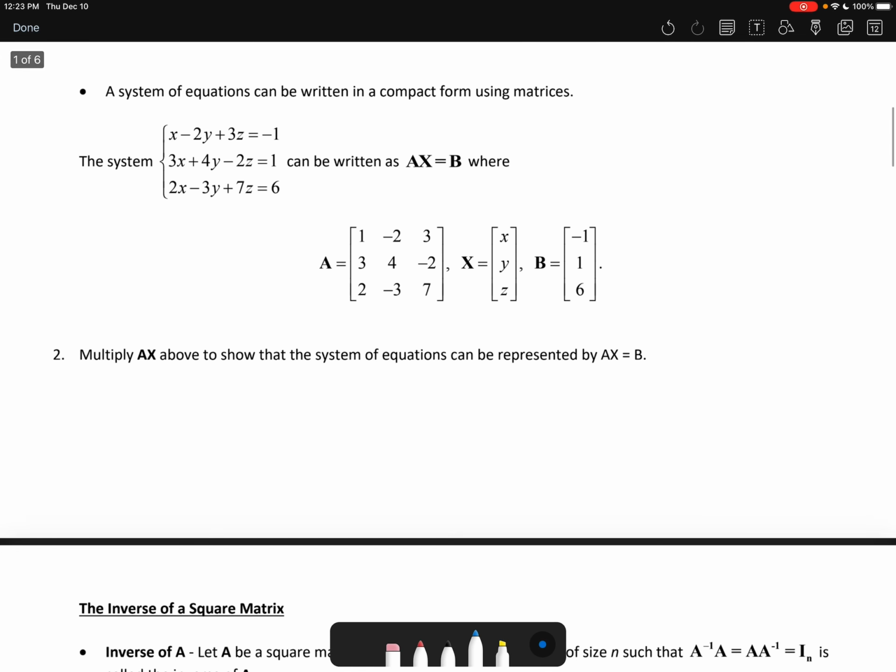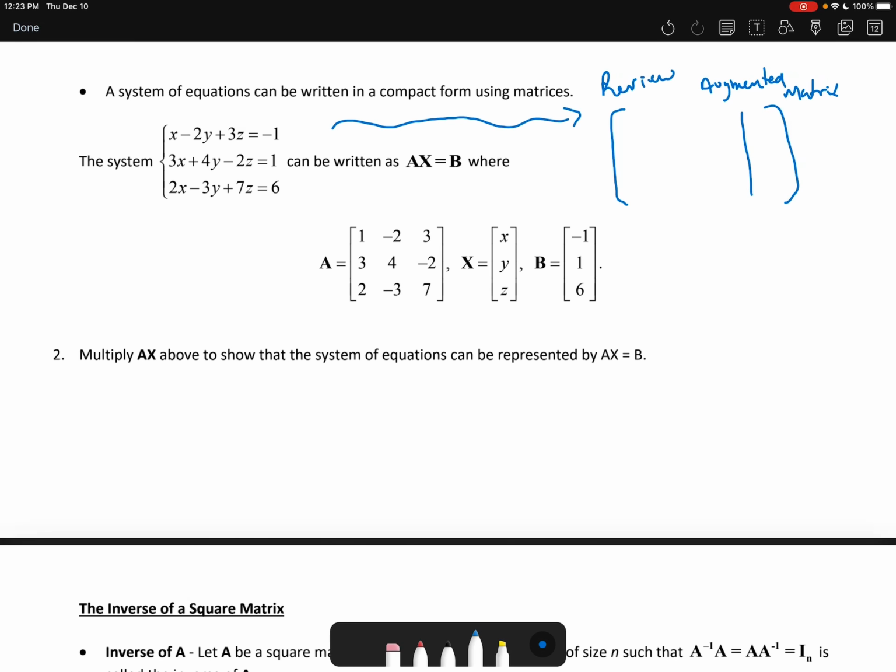The next thing we want to talk about is how a system of equations can be written in what we call compact form using matrices. We call this a matrix equation. So we've written this in one way before, kind of a review. We've written this as what we call an augmented matrix, where we put the vertical line as the equal signs, and then we just do coefficients.